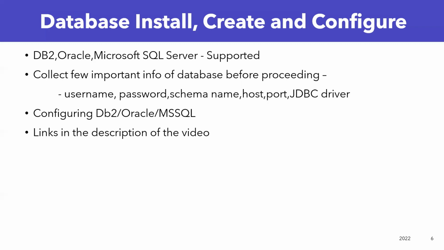It will prompt you for that information, and once you provide it, it will do a database connectivity check internally and then tell you that the database connection is successful and you can proceed with the installation. So unless you meet those minimum requirements with respect to the parameters and you have the proper credentials, it won't even allow you to start the installation. So that's very important, keep that in mind.